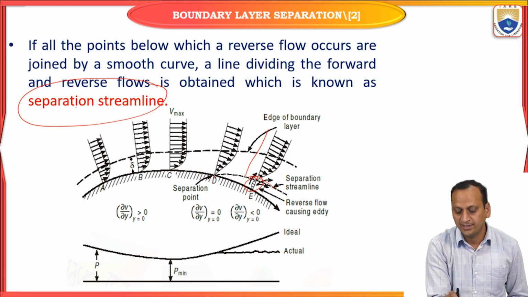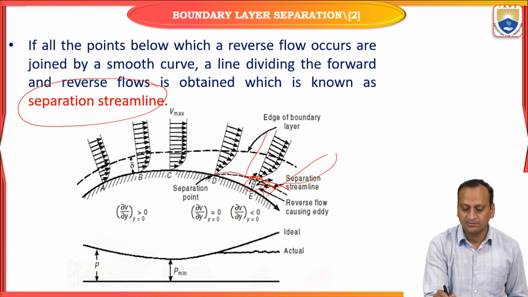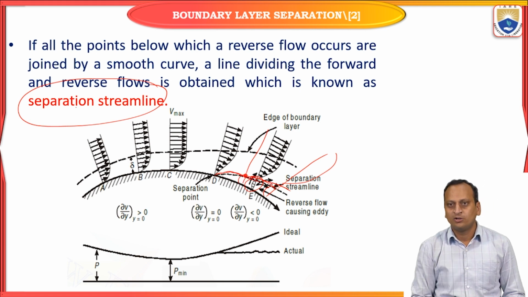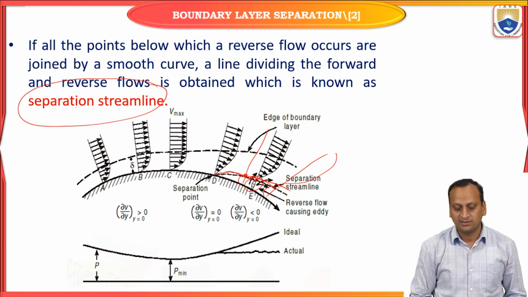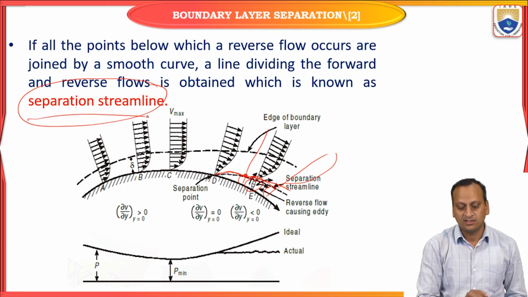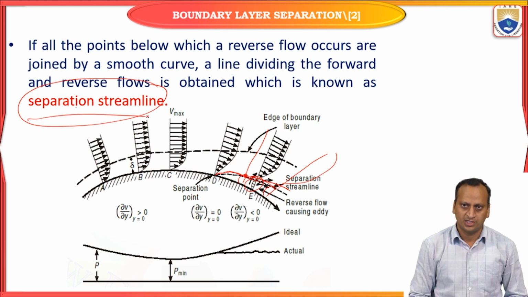That can be observed from point D to E. If you draw the velocity distribution diagrams, we will have the various reverse flow directions, and the line connecting the points is known as the separation streamline.